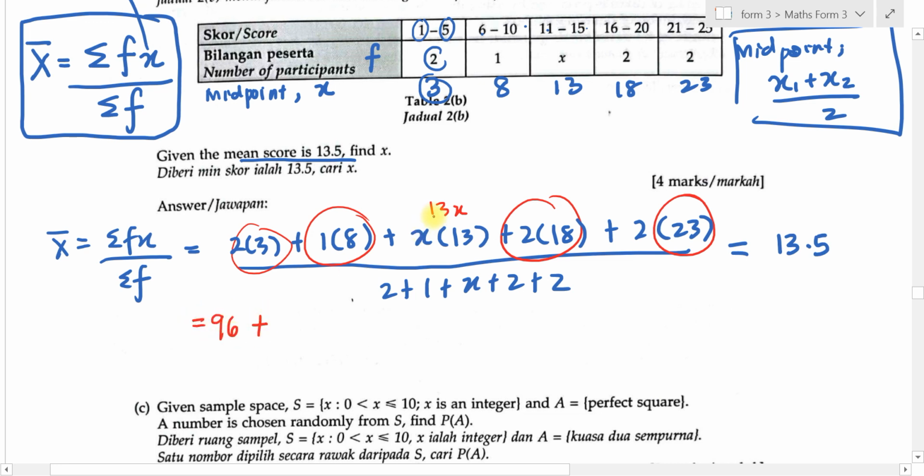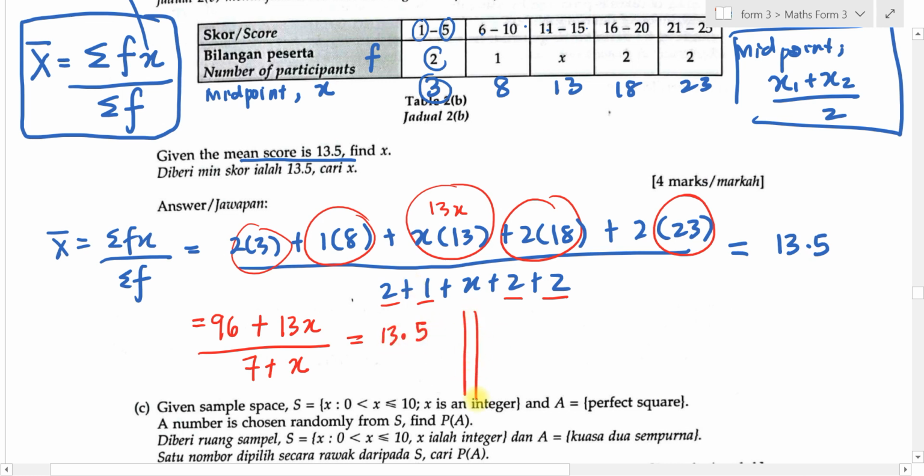And don't forget to add 13x. The total frequency is 2 plus 1 is 3, 3 plus 4 is 7, and don't forget you have an x here, equals 13.5. Then solve normally. 96 plus 13x equals 7 plus x, multiplied by 13.5.